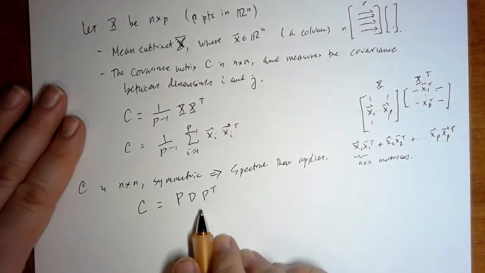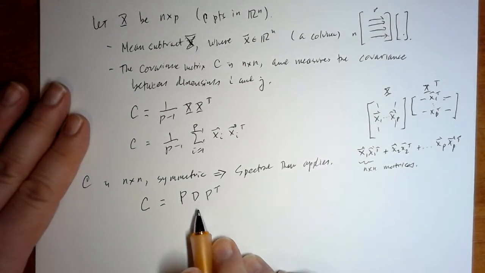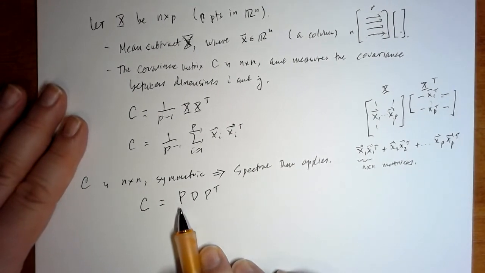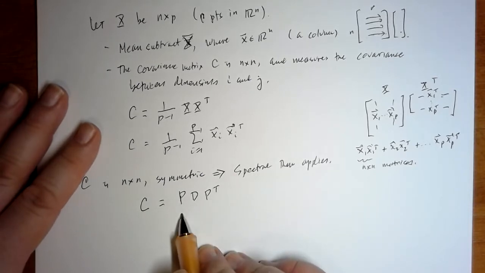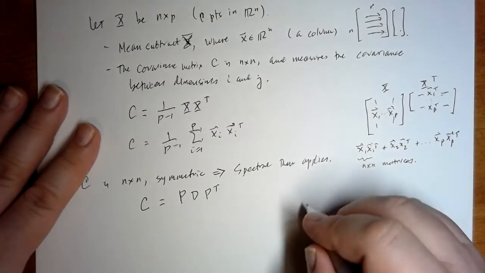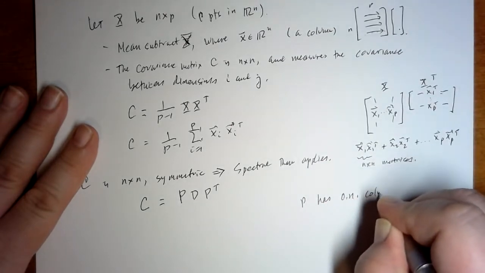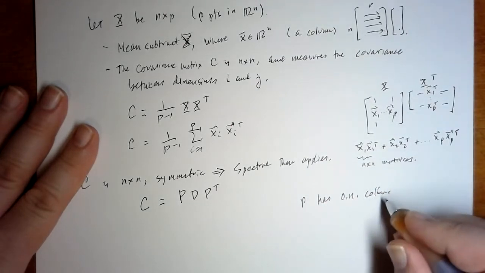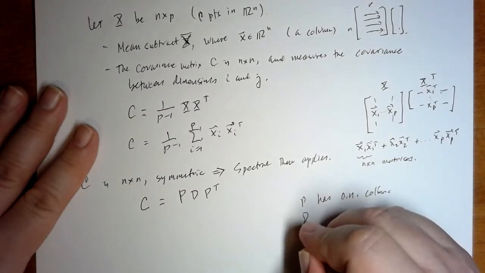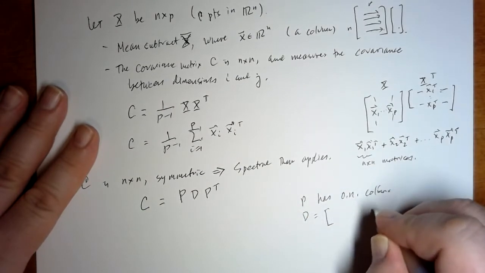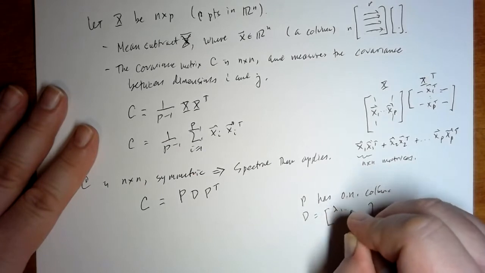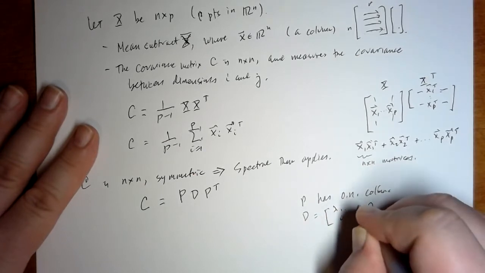And we remember how this works in the spectral theorem. The columns of P are orthogonal, but we'll go ahead and normalize them. So P has orthonormal columns. And then D is diagonal with the lambdas along the diagonal.